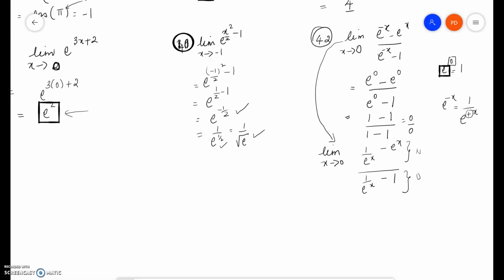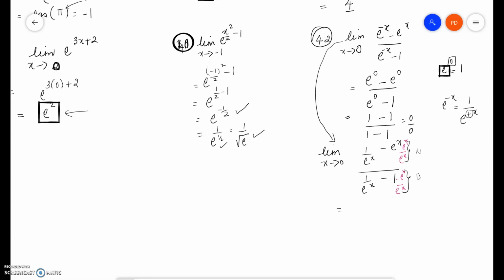Now let's look at the numerator. Let's take a common denominator, which means we need to multiply the second number by e to the x and divide by e to the x. Here we need to multiply by e to the x, divide by e to the x. That's how we get a common denominator of e to the x.